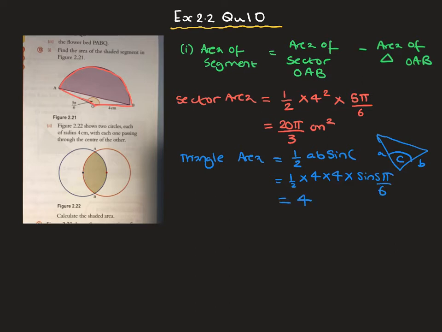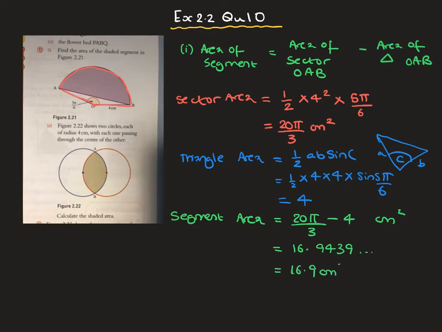So the area of the segment would equal 20 pi by 3 subtract 4 centimetres squared. And if you worked that out as a decimal value, which is perfectly feasible, we may have done that, 16.9439... So 16.9 centimetres squared to 3 SF.